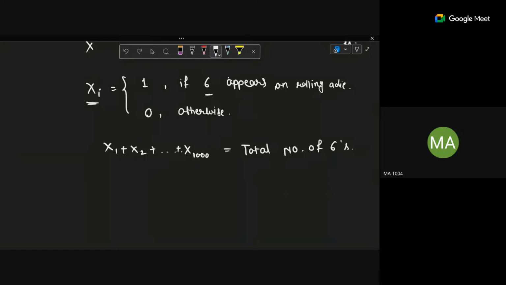Because whenever a 6 appeared it will be 1, otherwise 0, according to this definition. Fine.